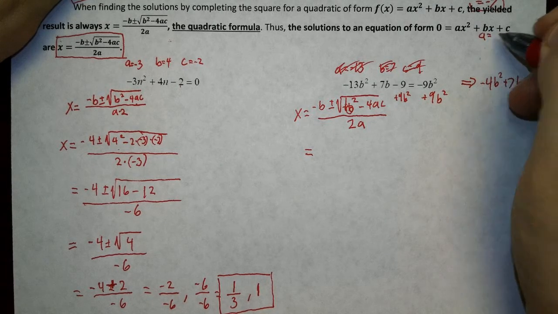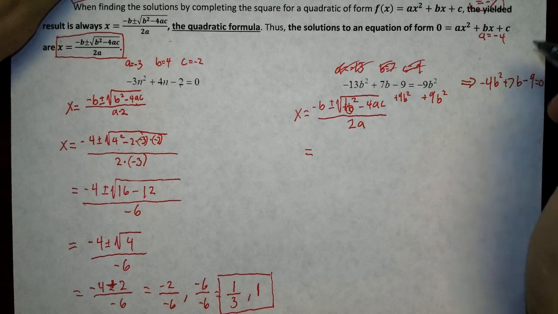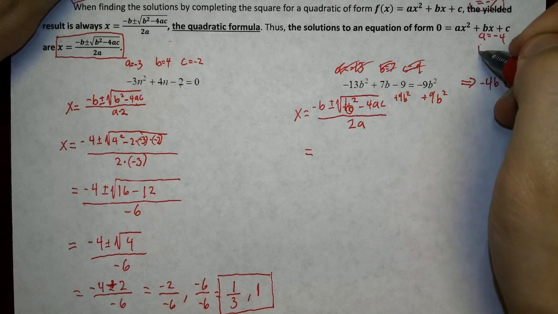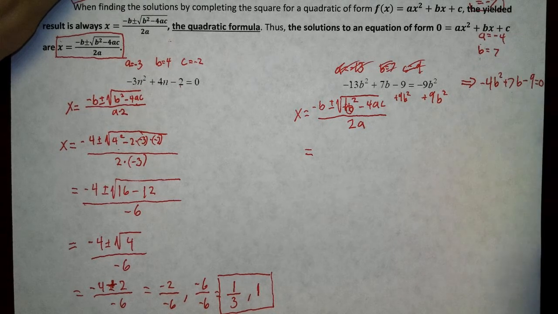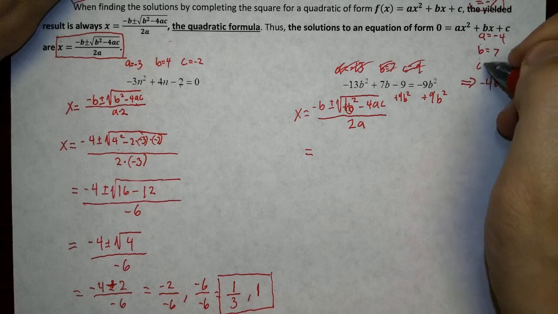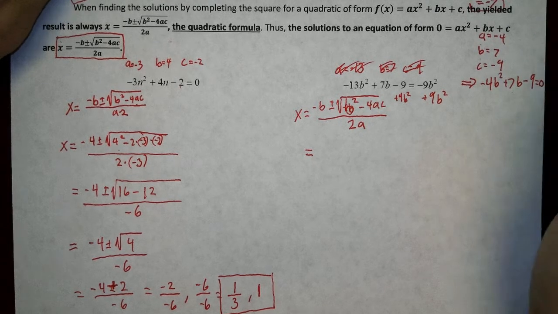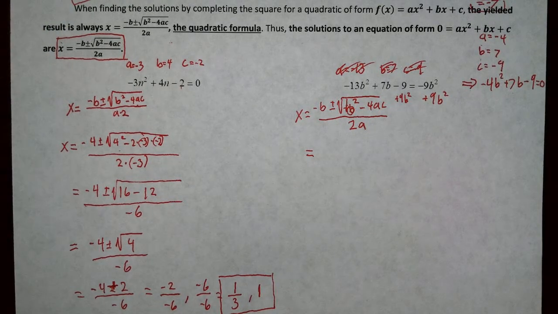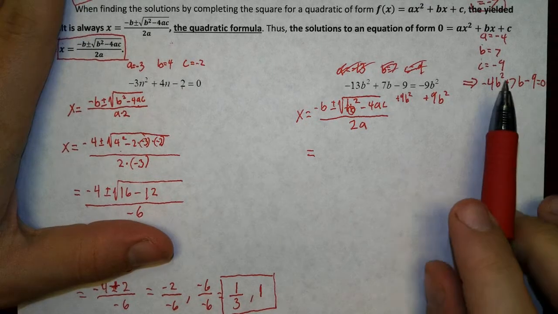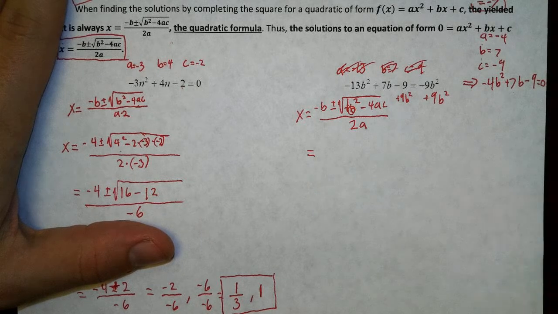So we have a, which equals negative 4. We have b, which is 7. And we have c, which is negative 9. Okay, so now going ahead and taking these values and plugging them into our quadratic equation.